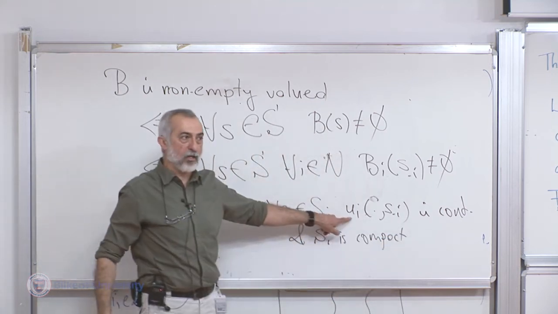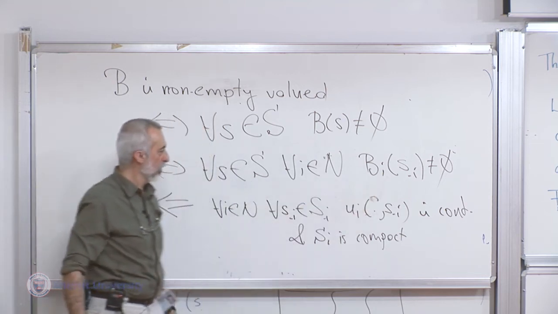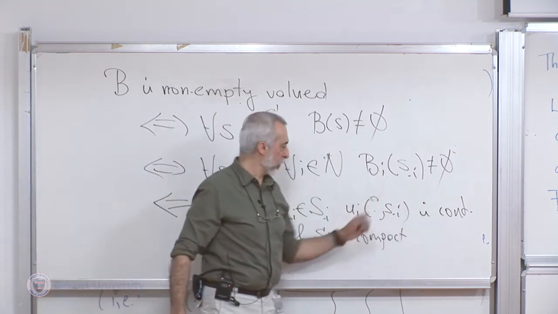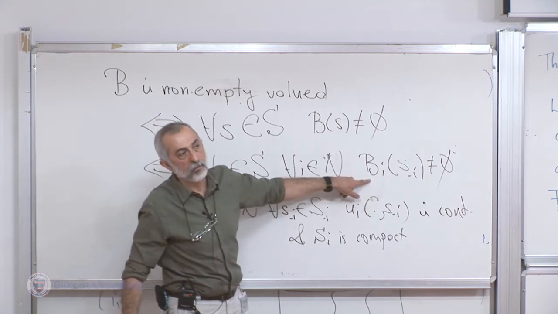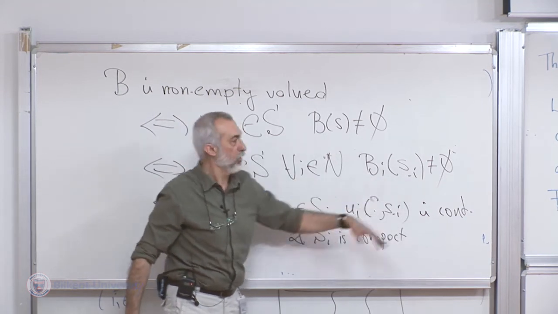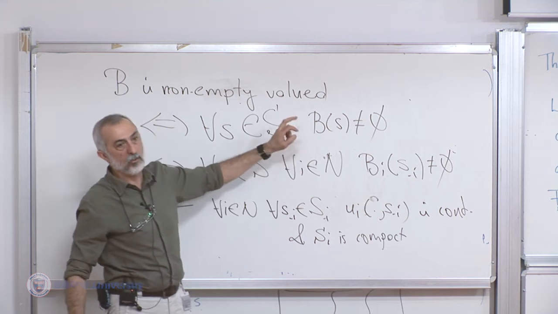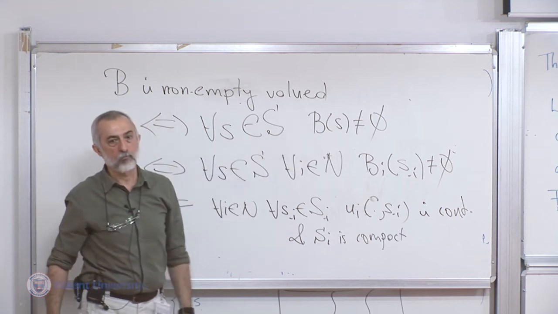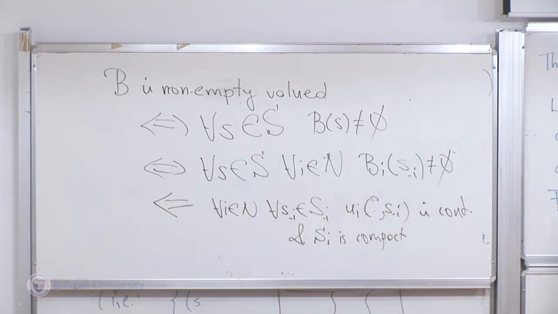This function has a maximizer, which means that agent i has a best response. Okay? So continuity in Si and compactness of the strategy set of agent i implies that his best response correspondence is non-empty valued, which implies that the Cartesian product of the best response correspondences is non-empty valued. So far, so good?